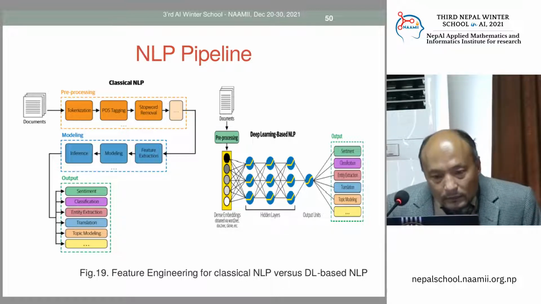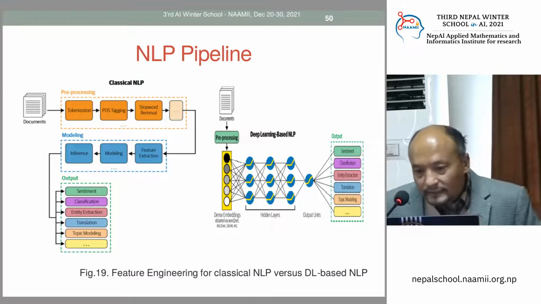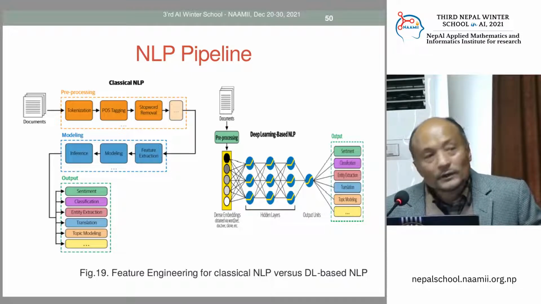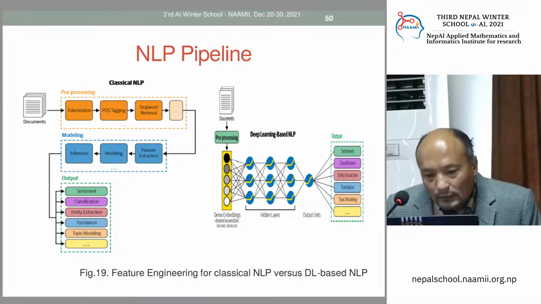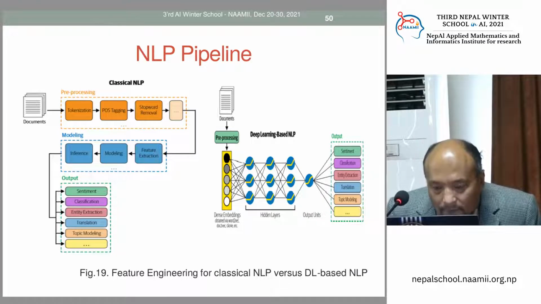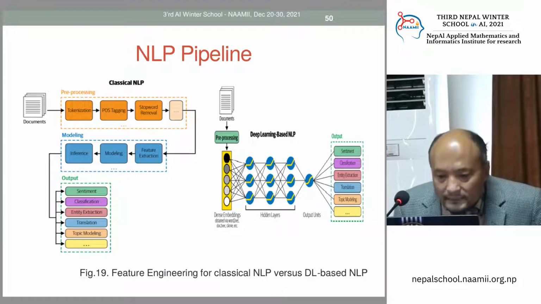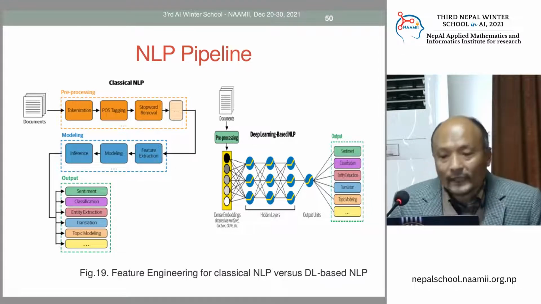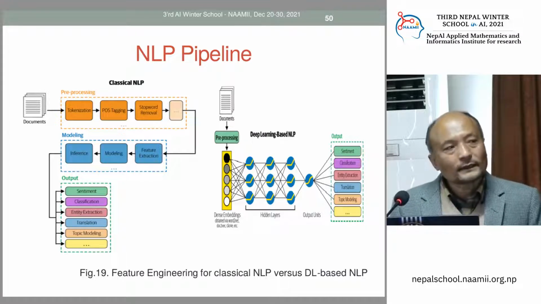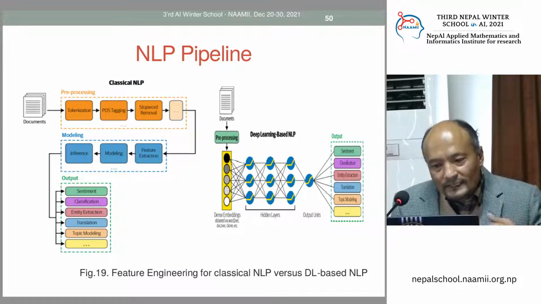That's the typical classical NLP ML pipeline. Whereas in deep learning based NLP, we have documents again, and that's passed to the pre-processing module. Then it's converted into the form of dense embeddings, obtained by word2vec, doc2vec, GloVe, before passing it as input to the hidden layers.